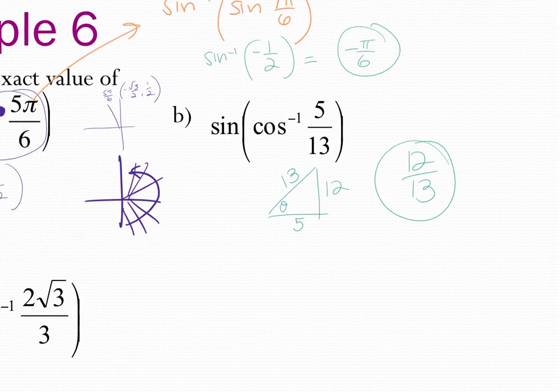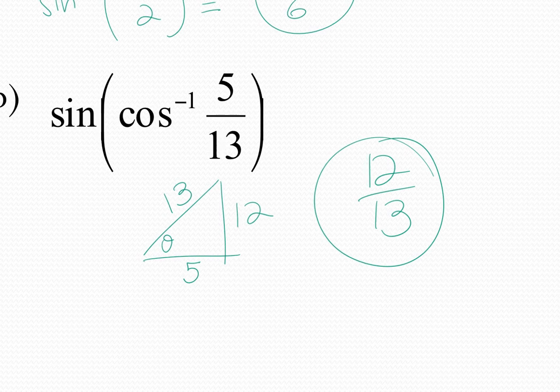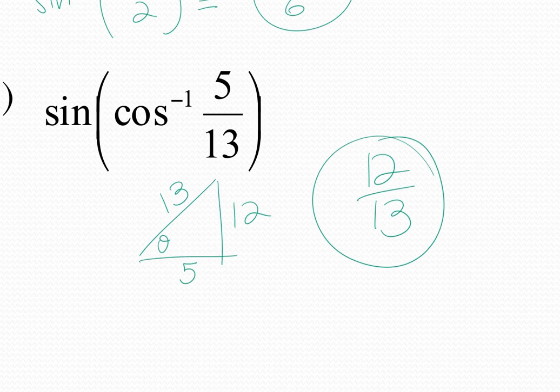But what was the answer to the inside of the parentheses? The inside, you actually won't be able to find theta. You're just using it to find the rest of the triangle, right? Because without a calculator, you can't do 5 over 13.